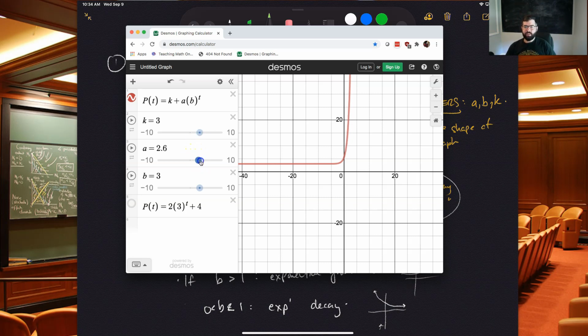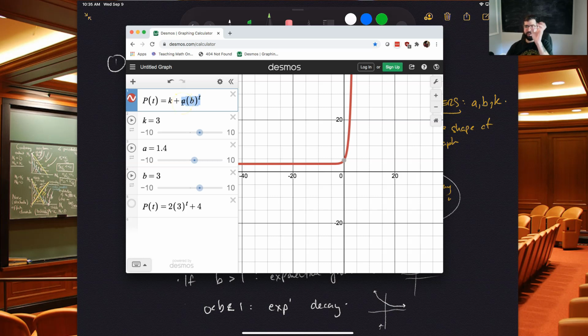So what about a? Well, a is interesting because it scales the growth, and if it's positive like we're seeing here, and if it's large, it makes it steeper. It also makes the y-intercept go higher, or lower, because it's the initial value for this exponential piece. It's where this is starting off.